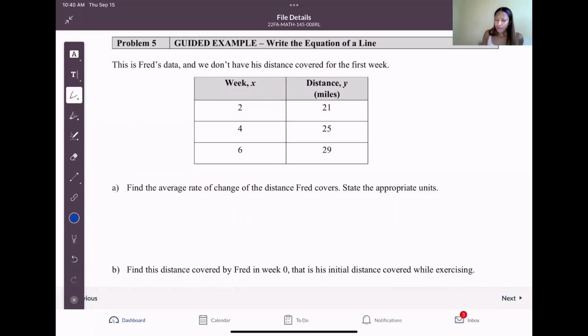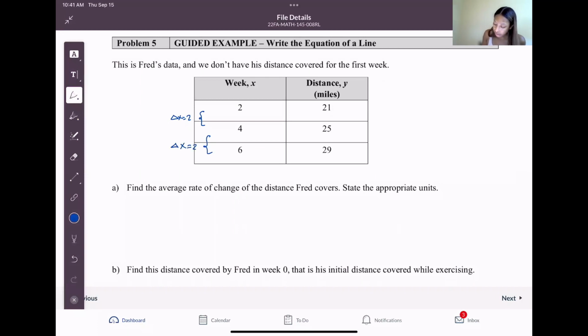Also, Fred's data is set up kind of nicely for us because the x values are changing by the same amount. So we can see that delta x here is going to be equal to 2. And for the second calculation, delta x is again equal to 2. From weeks 4 to 6, that's also a delta x equal to 2.